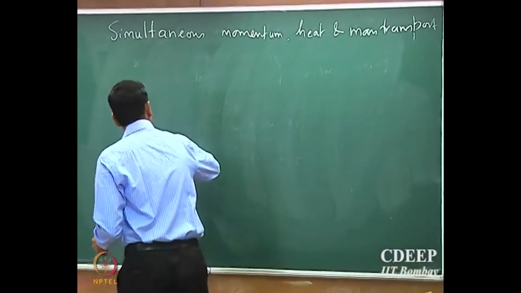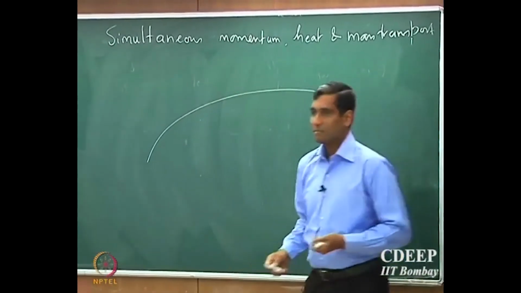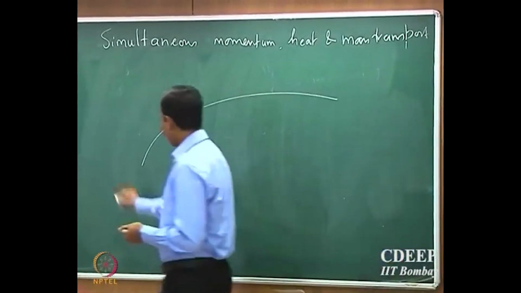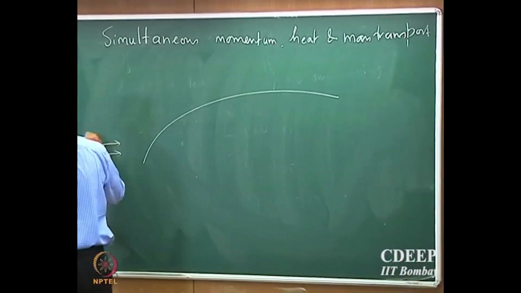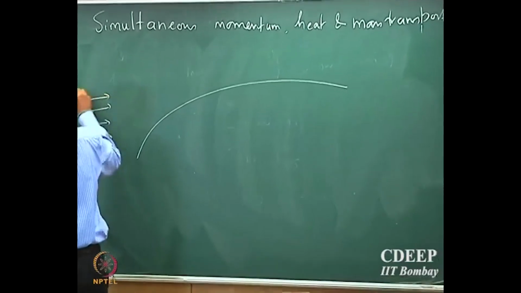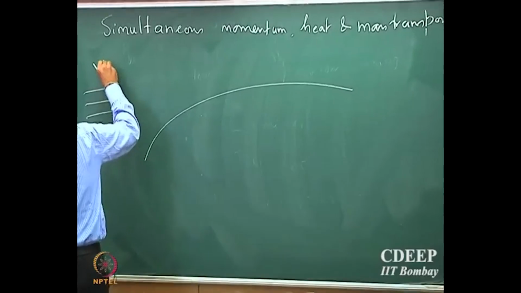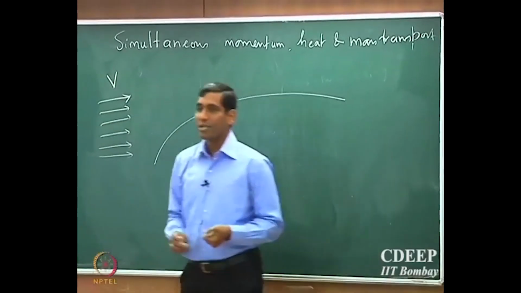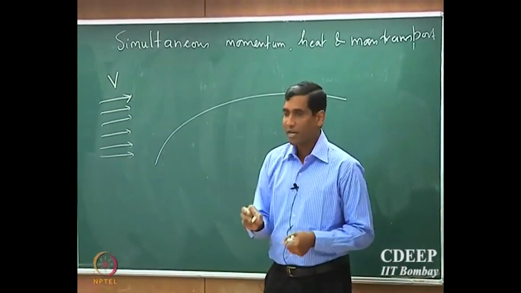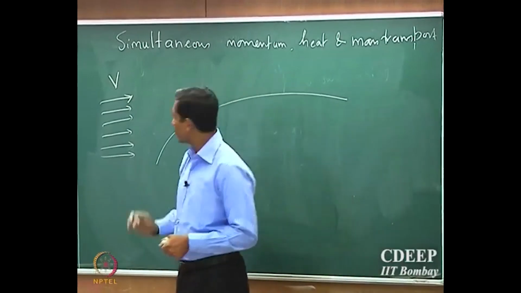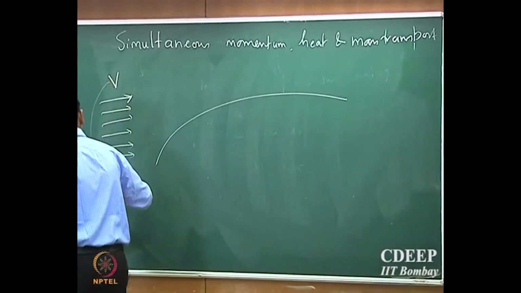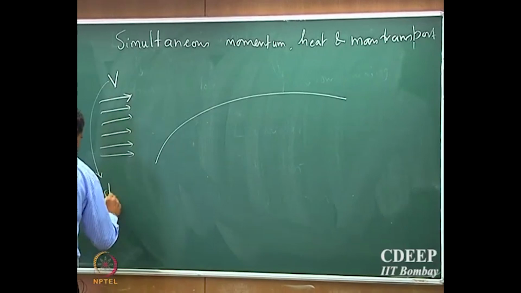So supposing you have an arbitrary object, where there is a fluid flowing past this object. Okay. Now if I define V as the upstream velocity, note that I am going to introduce some key definitions. So V is the upstream velocity.